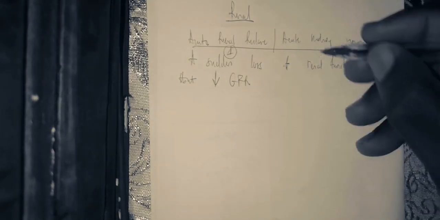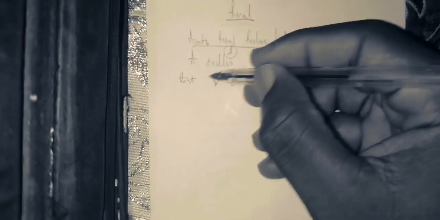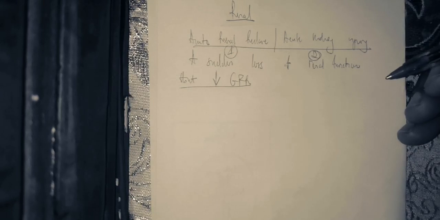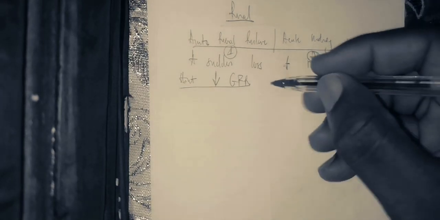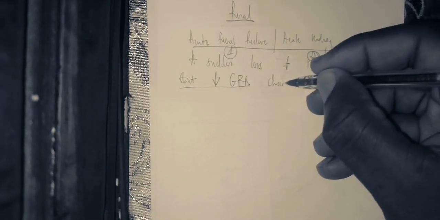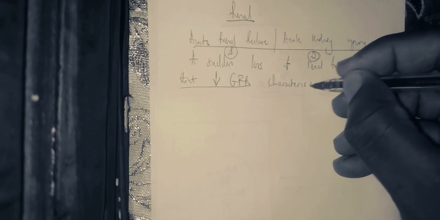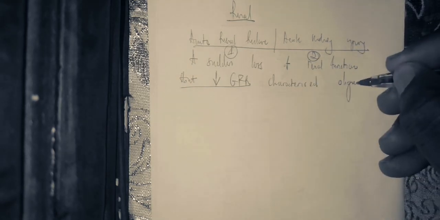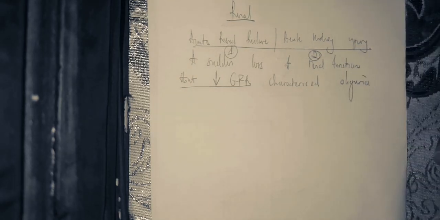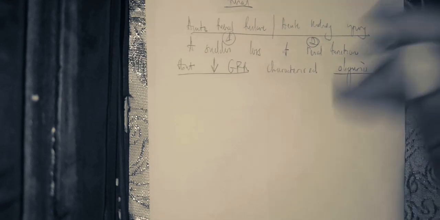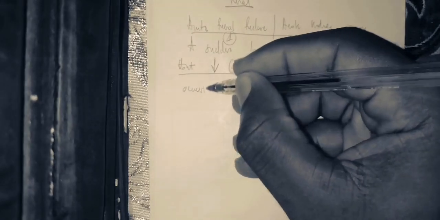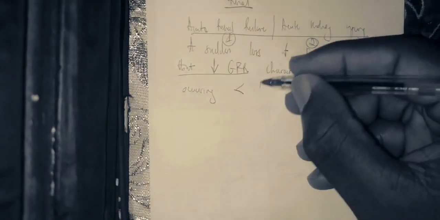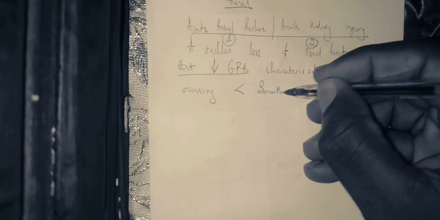It constitutes a reduction in glomerular filtration rate, characterized by what? Oliguria. Is it clear? Characterized by oliguria, occurring less than 3 months. Is it clear?